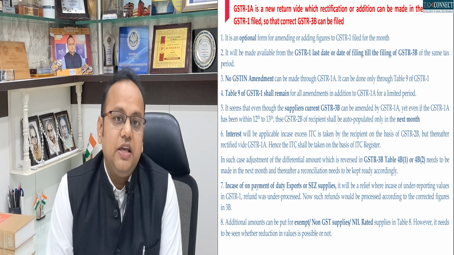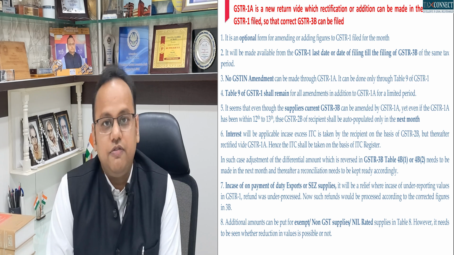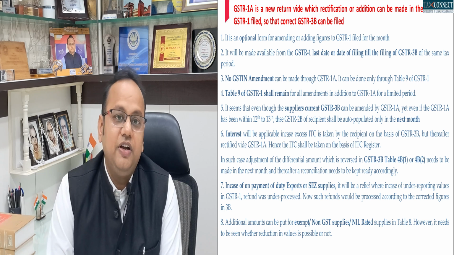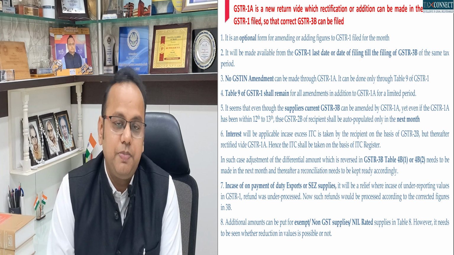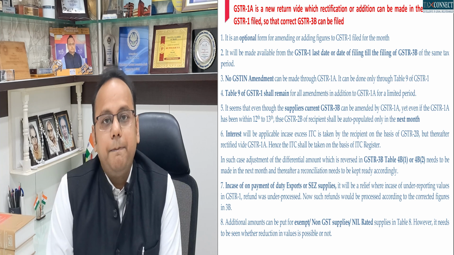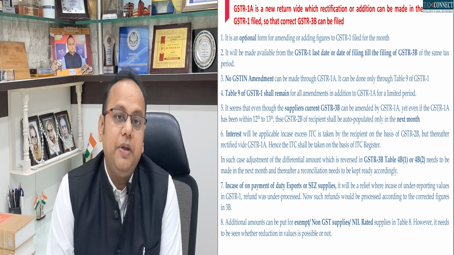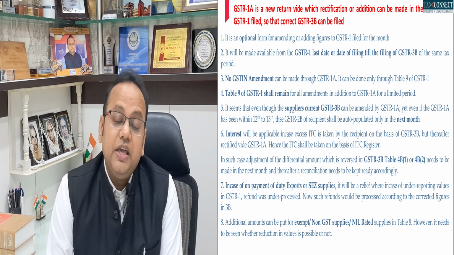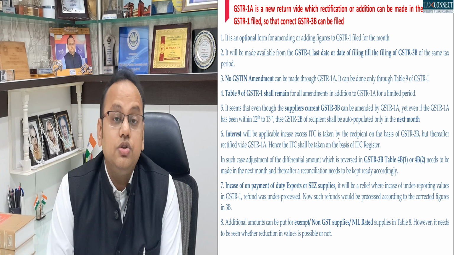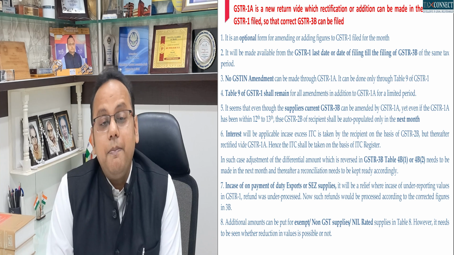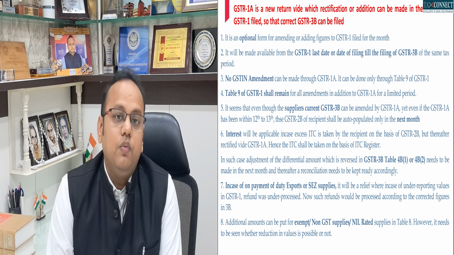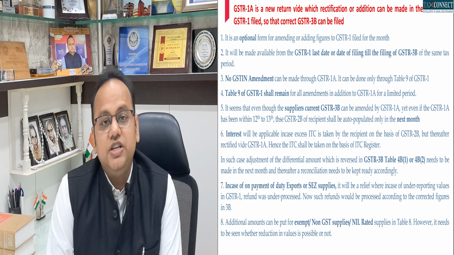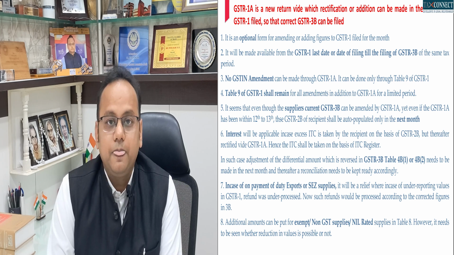Important to note is that GSTR-1A is an optional form, and even if it is not filed by any taxpayer, no late fees, penalty, etc. can be levied. Again, important to note is that no GSTIN amendment can be made while filing form GSTR-1A.